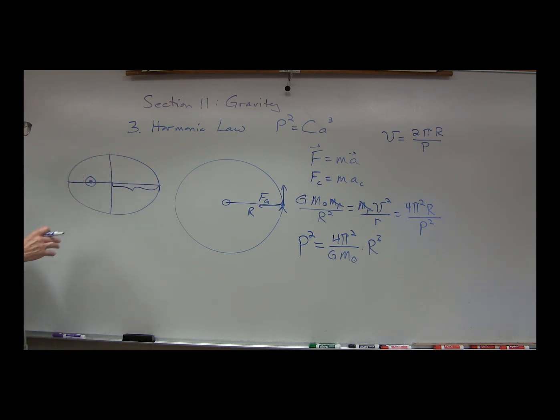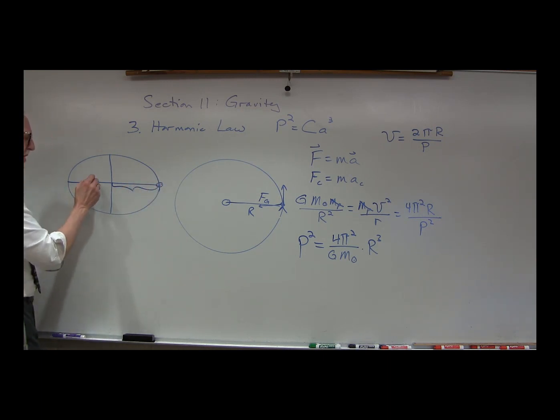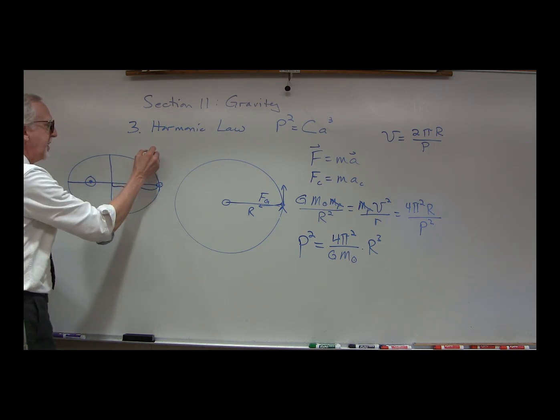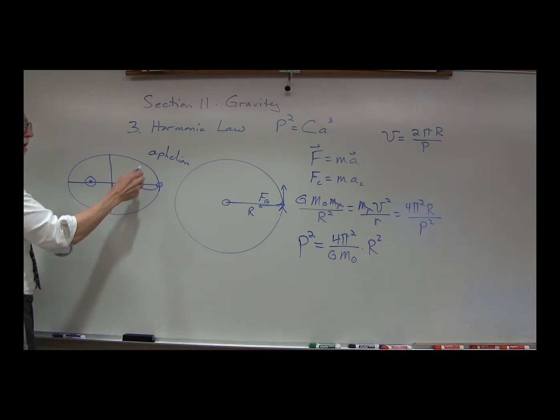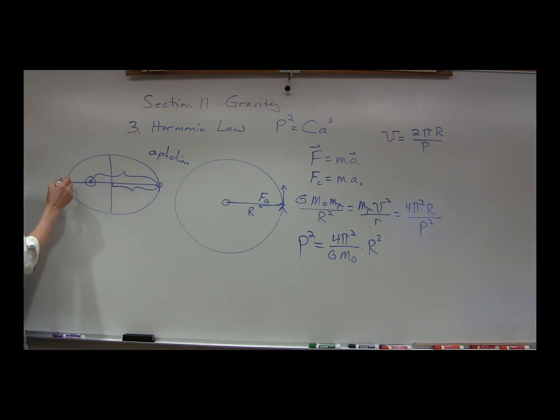Now, how does that mean the average distance between the planet and the sun? Well, the farthest the planet is from the sun is this distance here, when it's over here at a point called aphelion. That means the farthest from the sun. So this is the aphelion distance. As opposed to this position over here, which is called the perihelion, which means the closest distance that the planet is to the sun.